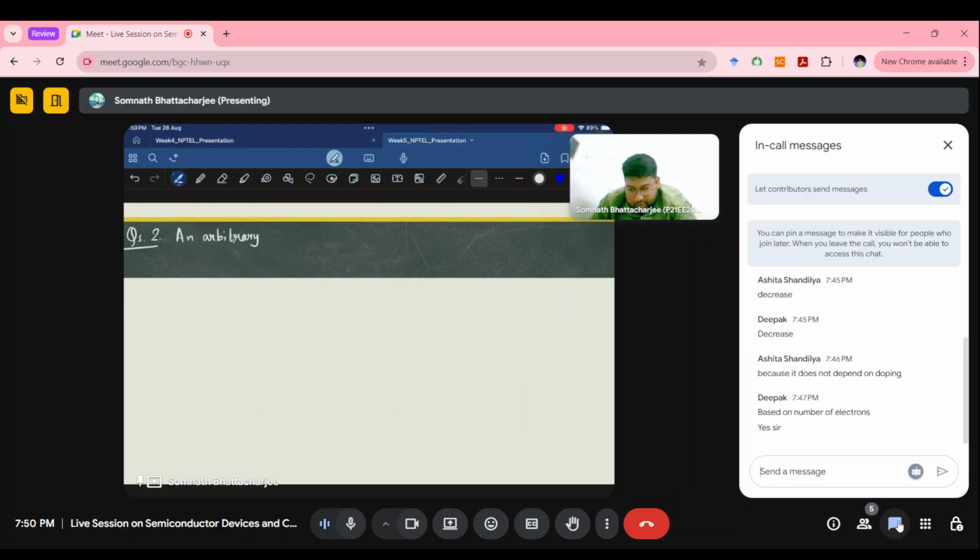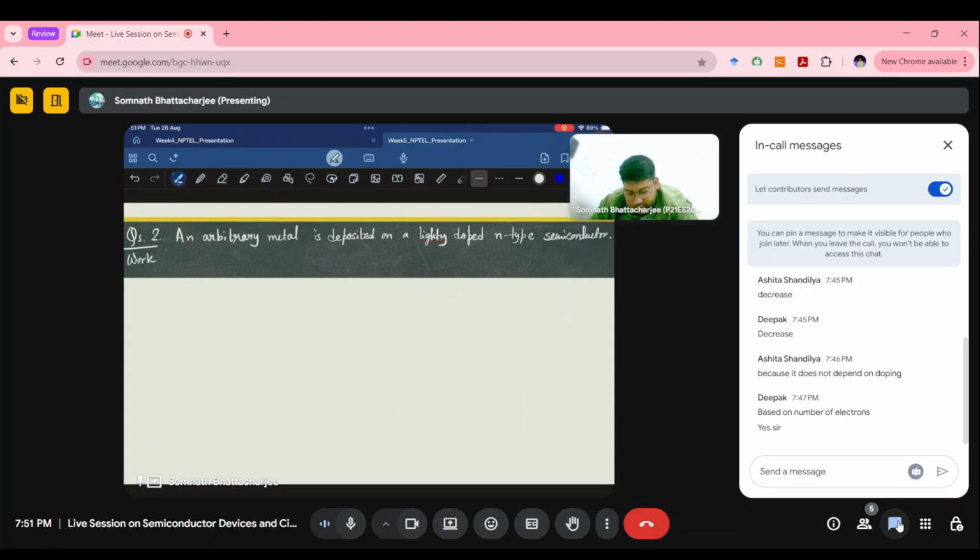So an arbitrary metal is deposited on a lightly doped n-type semiconductor. So there is a metal semiconductor case again.